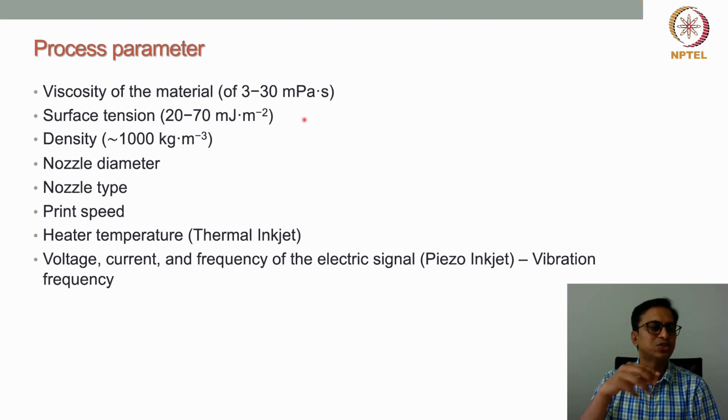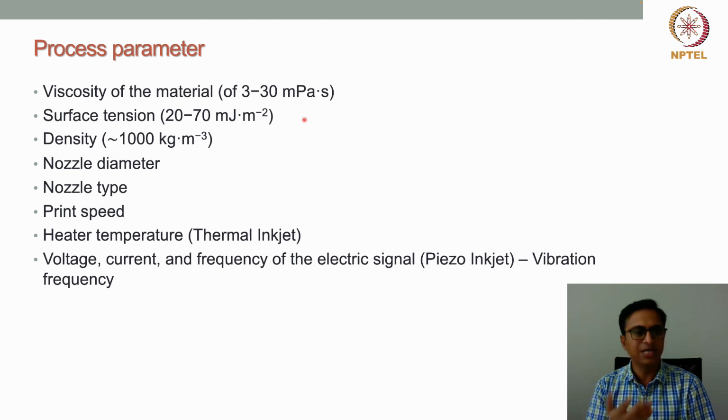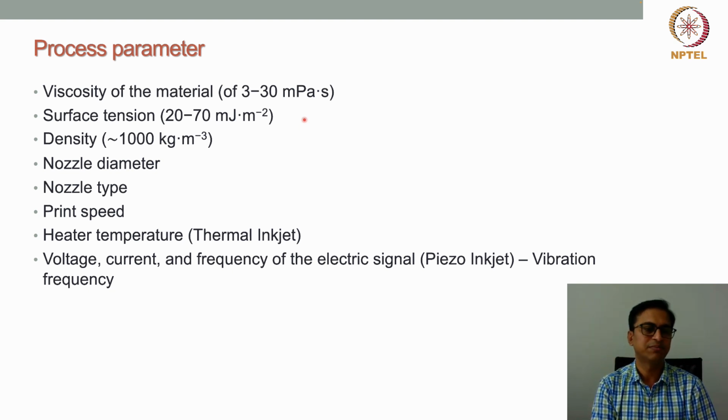So whenever there is a pressure pulse, only at that time the material or the droplets come out. Before that the droplets generally don't come out. So surface tension plays a big role here, and the surface tension should be in the range between 20 to 70 millijoule per meter square. So in this range of surface tension we can definitely use the material.